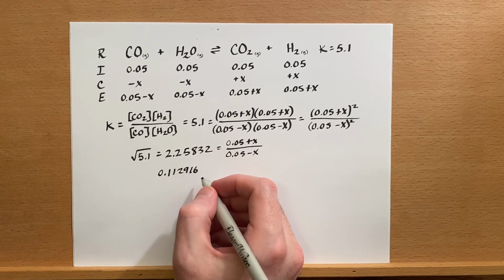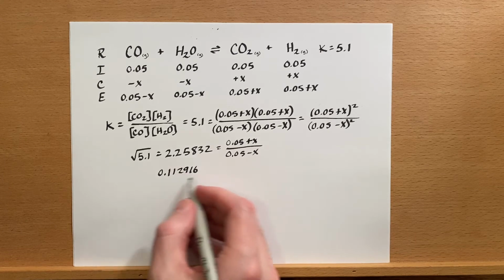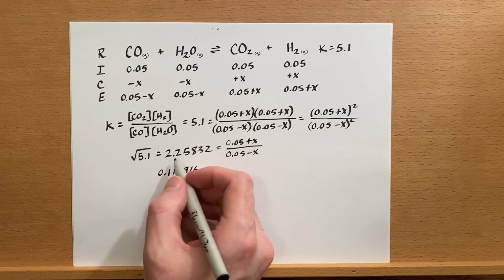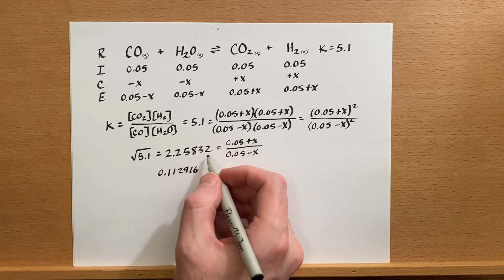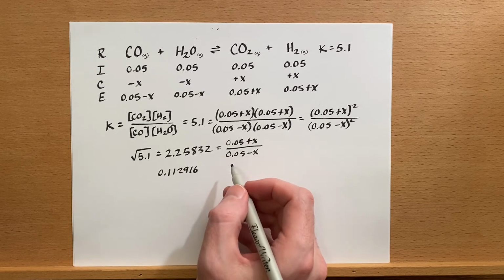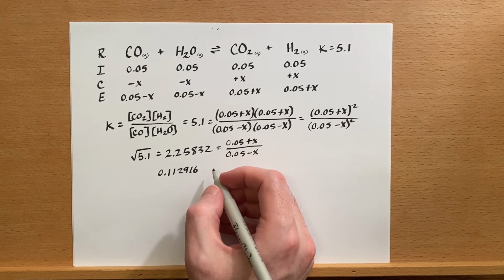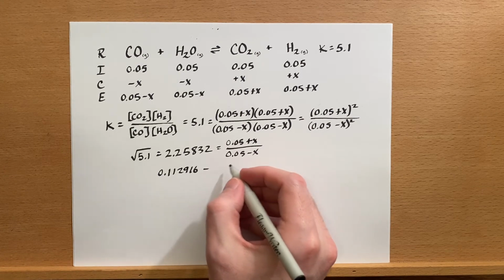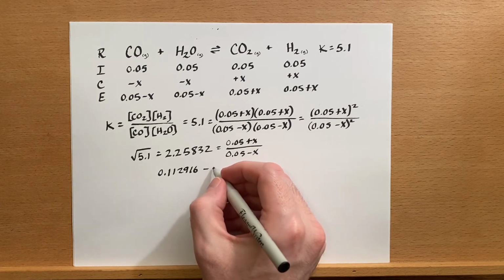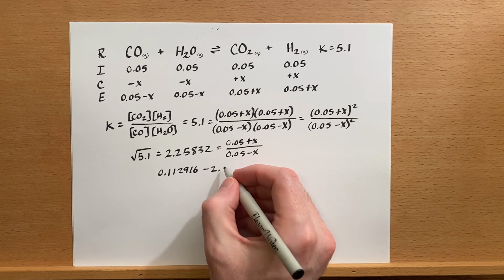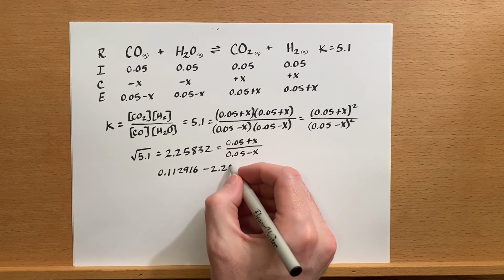And if it appears that this number is different than if I took 2.25832 and times it by 0.05, it's because I left all the digits in my calculator when I actually wrote this out ahead of time. So that might explain some discrepancies if you have any.